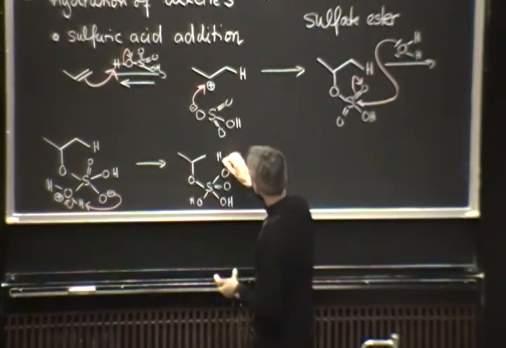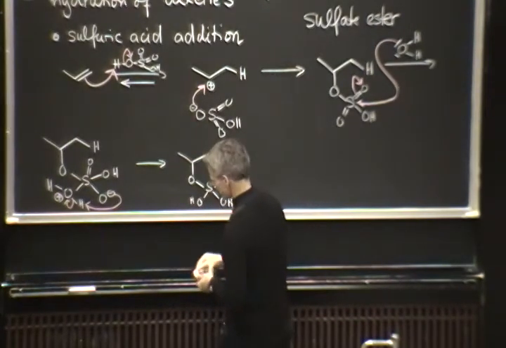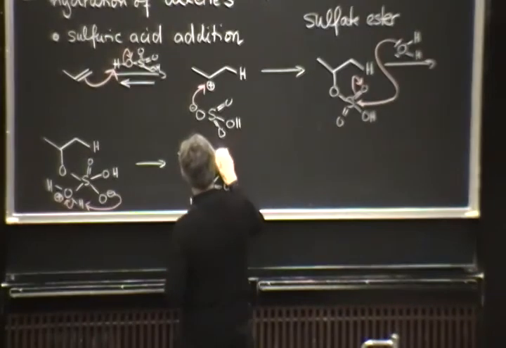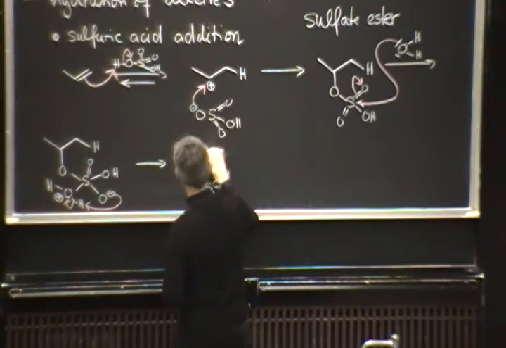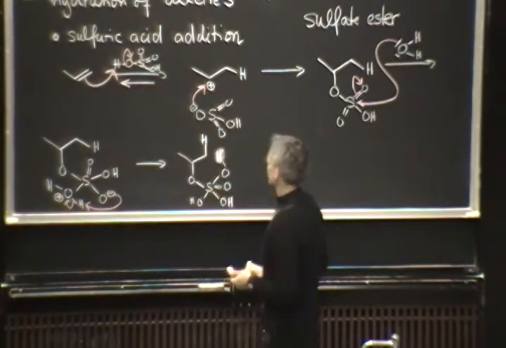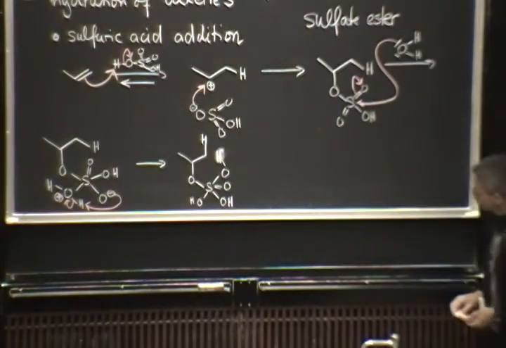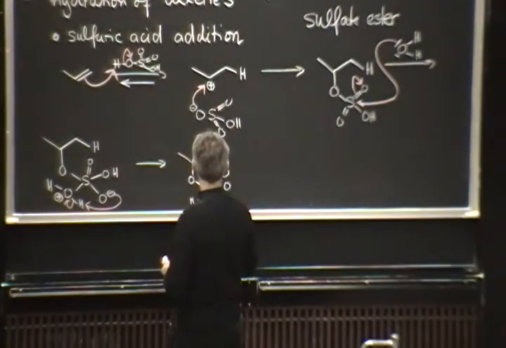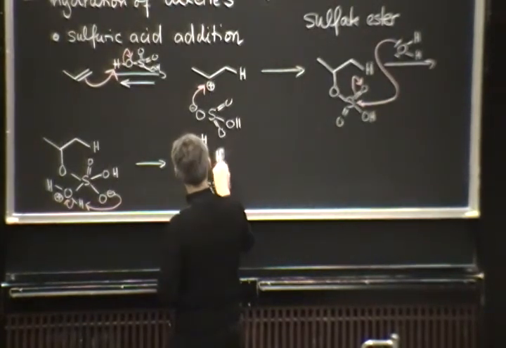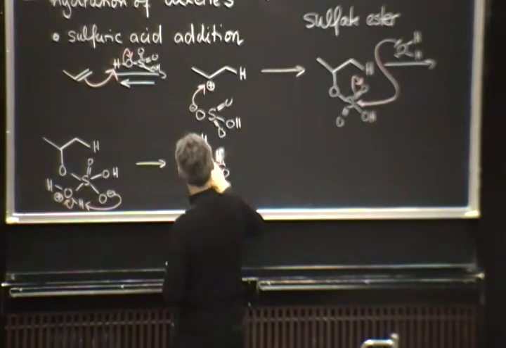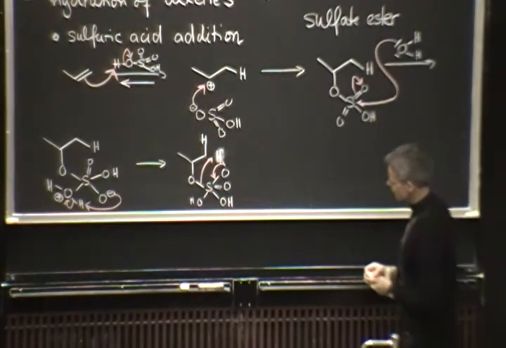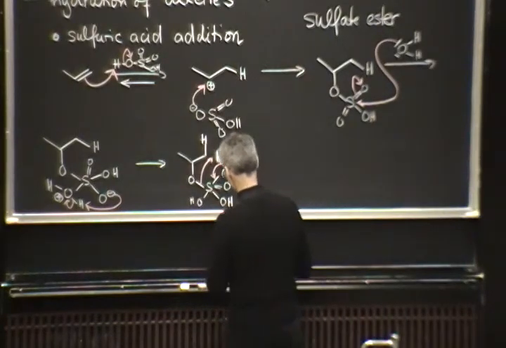From the charged intermediate, by the redistribution of the proton, I'll get this neutral intermediate, and now I can eliminate the sulfate and again transfer hydrogen onto the oxygen.